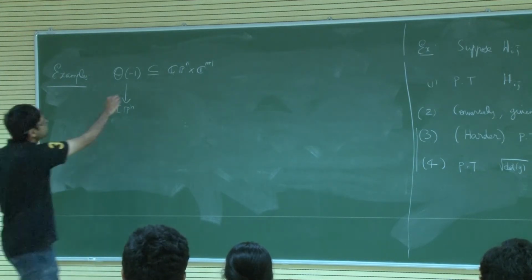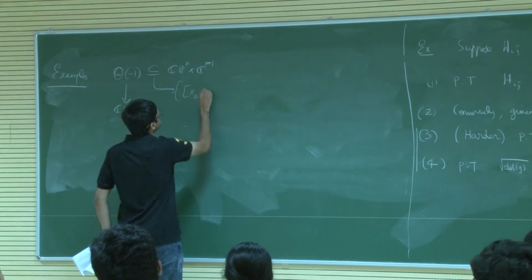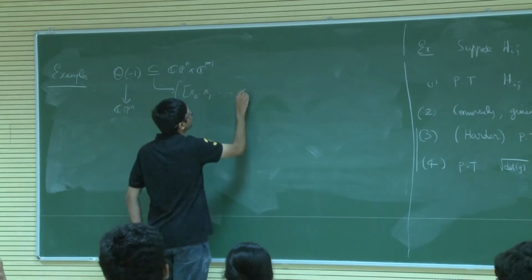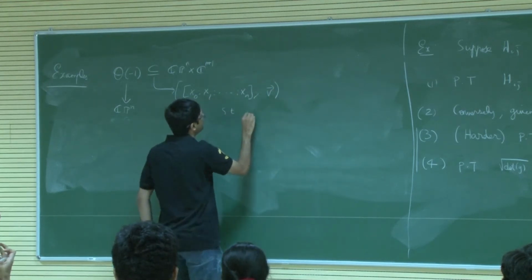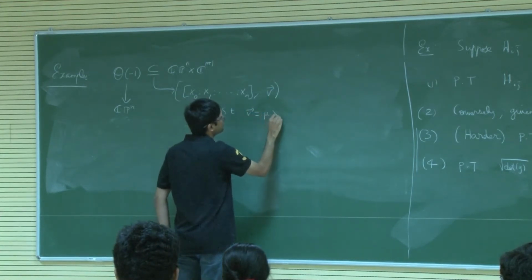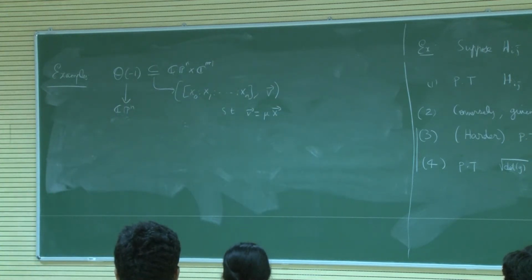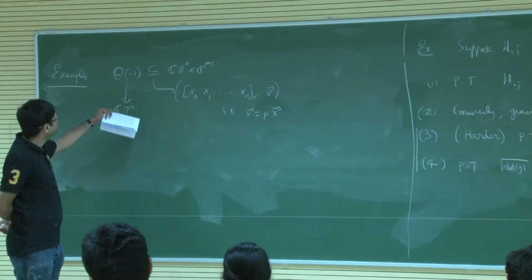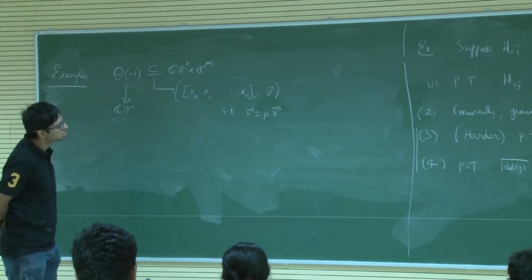Recall the definition: it consists of these points and a vector v such that v points along this direction. So what can I use to measure the lengths of the one-dimensional vectors on this?